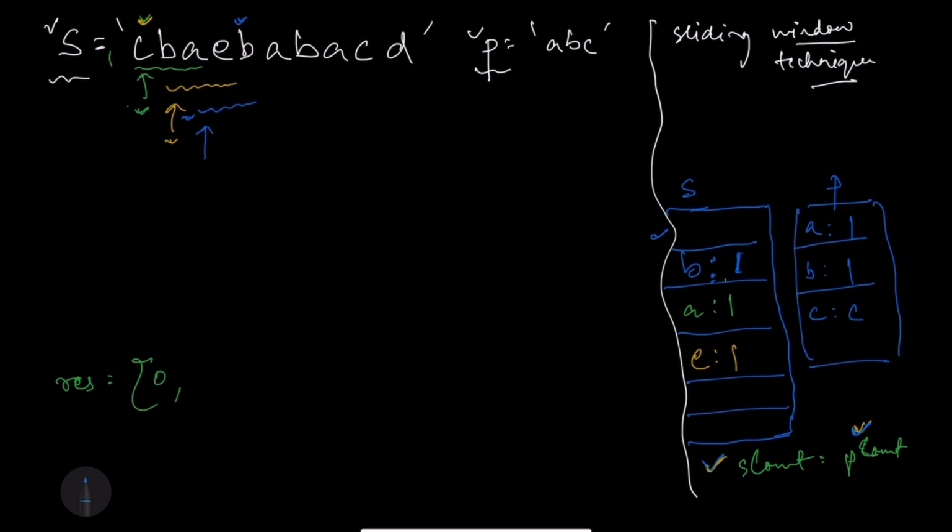Now I would move to the next, like I would slide here. When I slide here, the same thing I will do with A. Like my A's count would be 0, and as it becomes 0, I would pop that out.